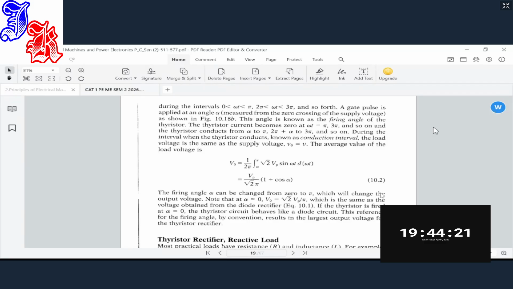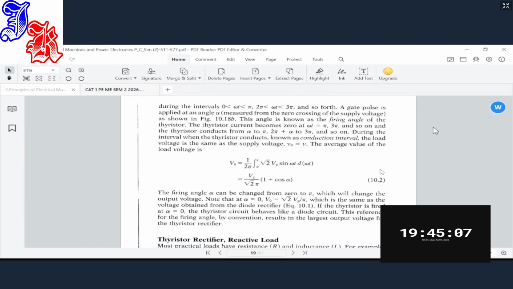What will be the value of the voltage? Yeah, I think it's 81 point something.